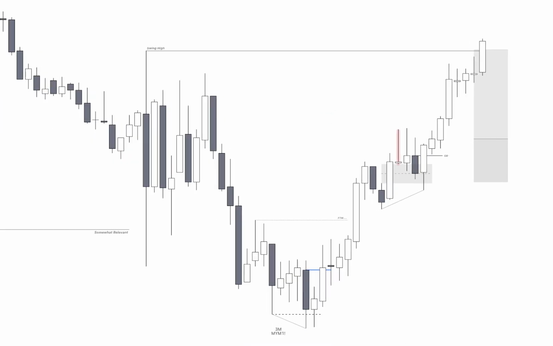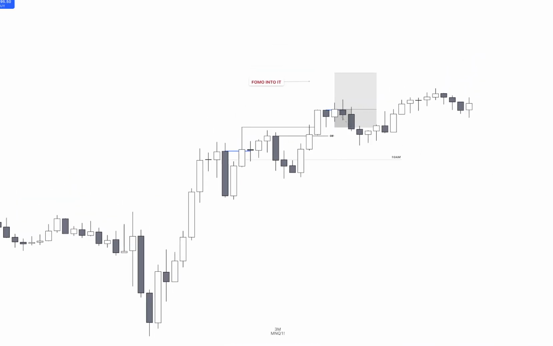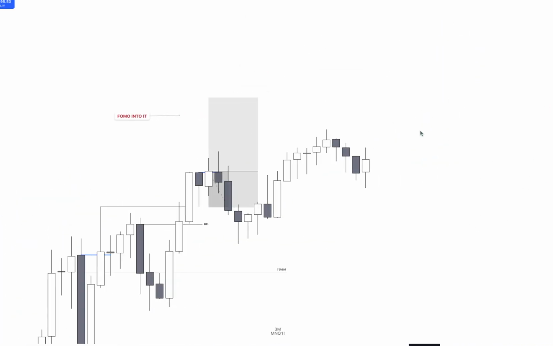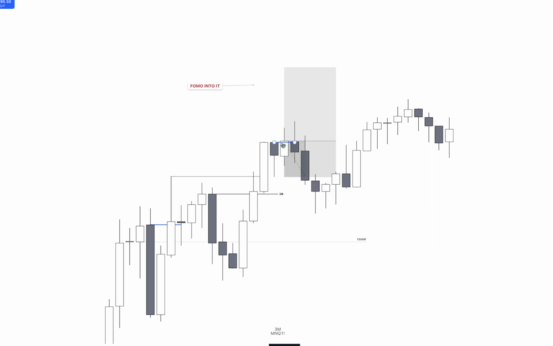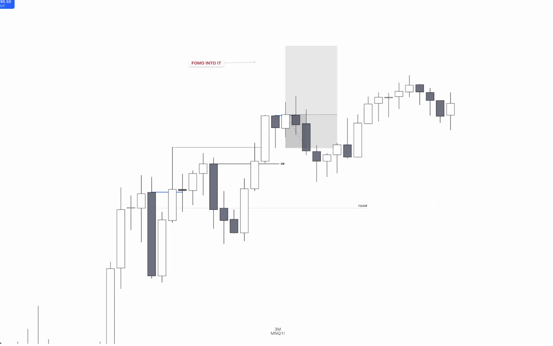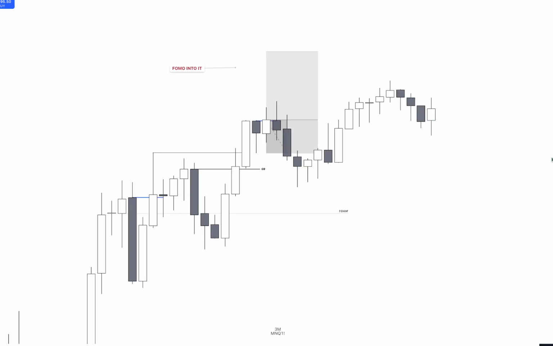Obviously, I did take a loss, kind of FOMO into this trade. This is NASDAQ. This wasn't within my edge, I'll be honest. I FOMO'd into it. Here's the high, the most relevant high on NASDAQ, which is right here. All these are further swings.